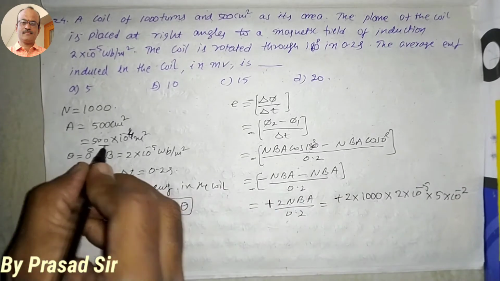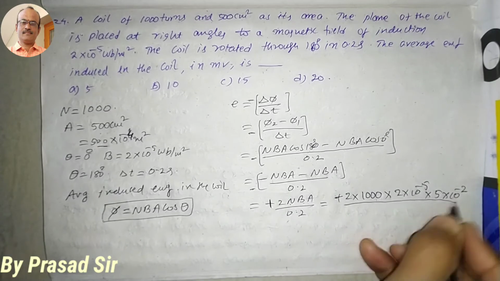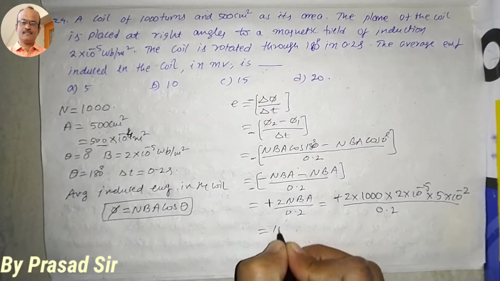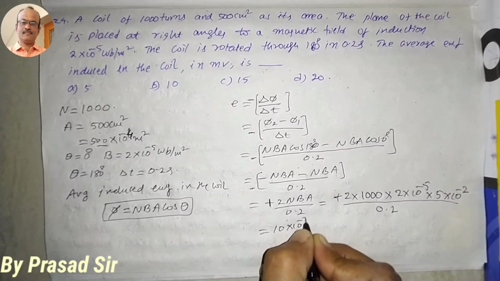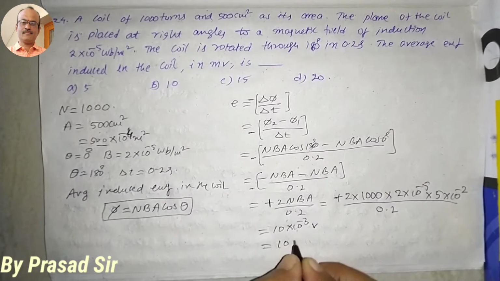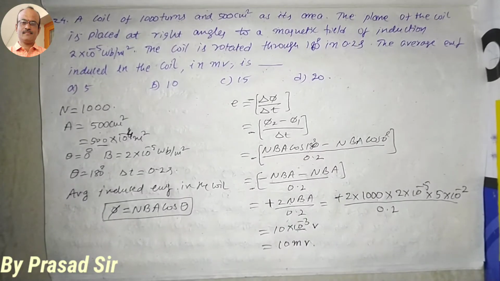Why? Because 5 into 10 to the power of minus 4 into 5 into 10 to the power of minus 2 divided by 0.2. So on calculation of that, 10 into 10 to the power of minus 3 volts. So here 10 to the power of minus 3 is nothing but millivolts. So which option is correct here?